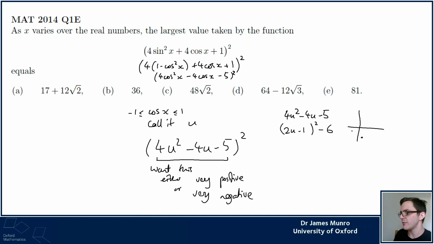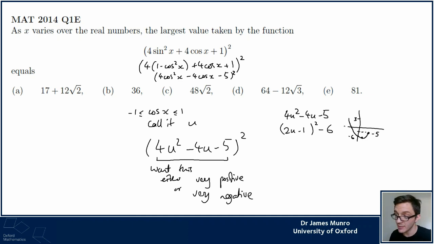When u is -1, this is going to be 3 squared minus 6. It's 3. This is -6. And when u is 1, this is going to be 1 squared minus 6. Is -5, is that right? Yeah, okay, so it's somewhere down here, -5.